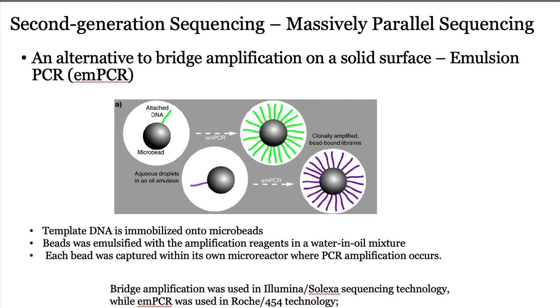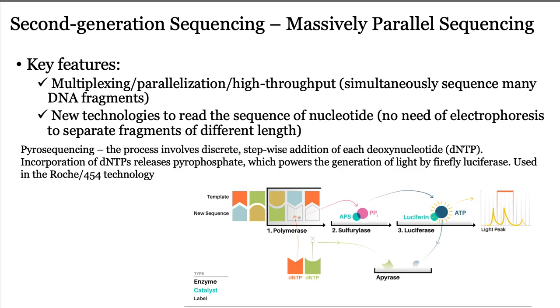So the first feature is the technology to amplify DNA template. The other major new technology is the technology to read the sequence of the nucleotides. The first new technology is called pyrosequencing. Basically, this is the template, this is a primer, and you have dNTP trying to incorporate based on base pairing with the template.